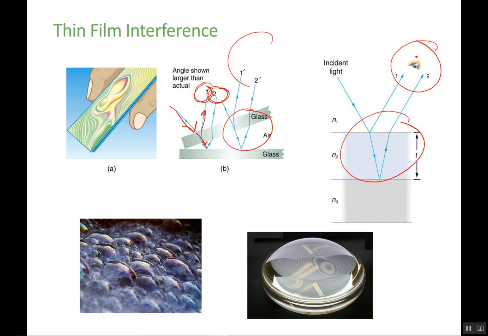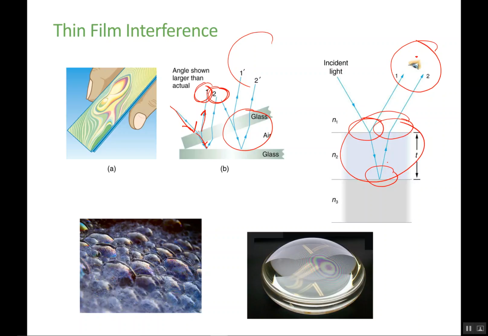And it's also a little bit more complicated than that, because when reflections occur, depending on the indices of refraction between the two materials, the reflection can be a soft reflection or what's referred to as a hard reflection. And during a hard reflection, the wave is shifted 1/2 wavelength or 180 degrees.